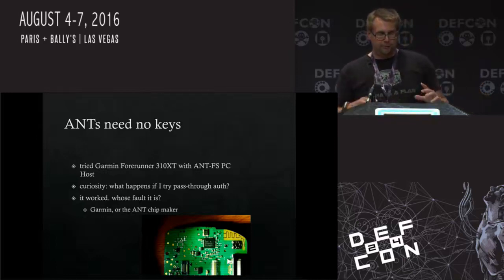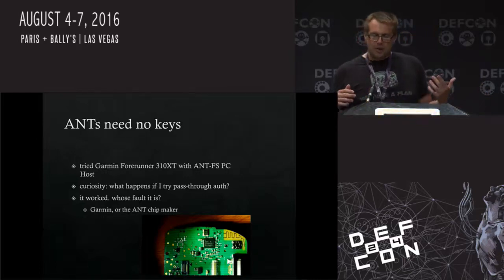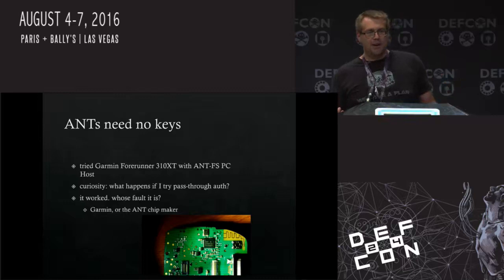The first authentication method was the pass-through mode. And I've assumed that it is only used for testing or something like that. But of course, I've implemented it in a little proof of concept script called hackend.py, and I've tried it with both my Garmin Fleet XT and with my Vivo Fit, and it worked.